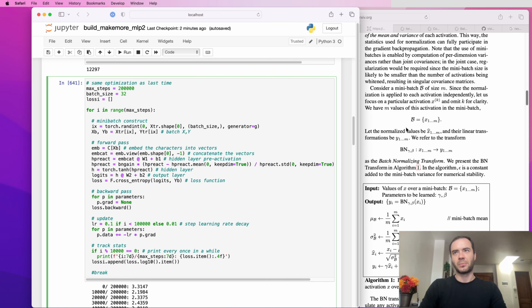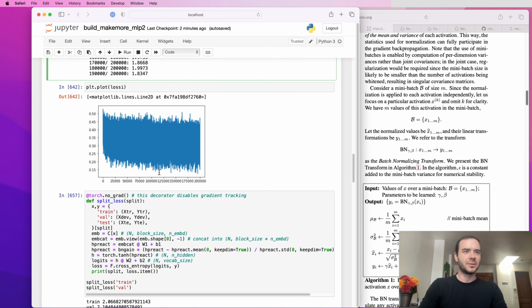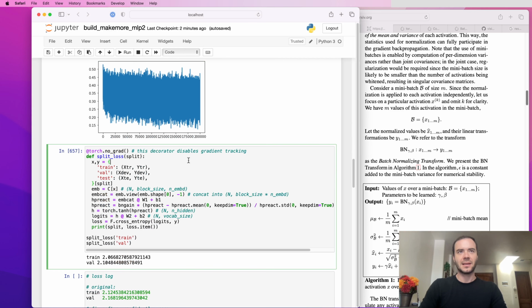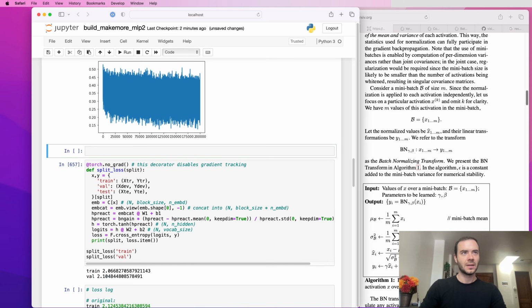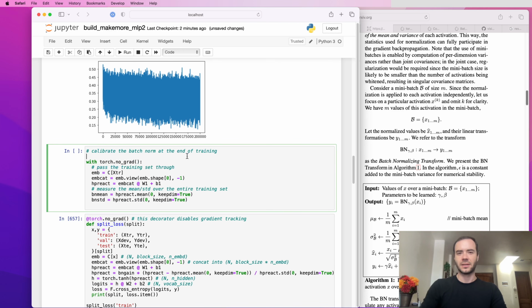And so the proposal in the batch normalization paper is the following. What we would like to do here is basically have a step after training that calculates and sets the BatchNorm mean and standard deviation a single time over the training set. And so I wrote this code here in the interest of time, and we're going to call it calibrate the BatchNorm statistics.